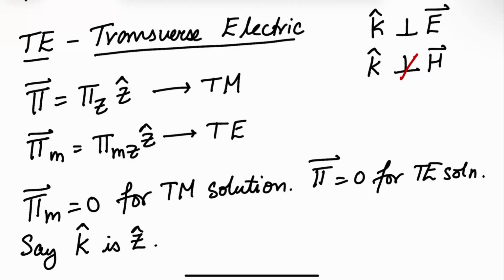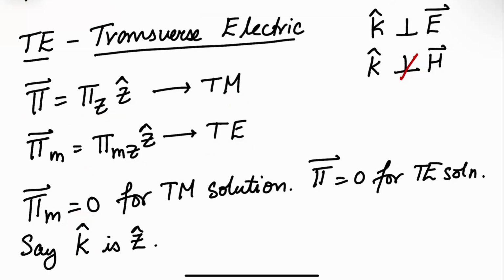Under this condition, when K hat is z hat, then pi equal to pi z z hat and pi m equal to pi m z z hat gives me the Tm to z and Te to z solutions when K is along z.